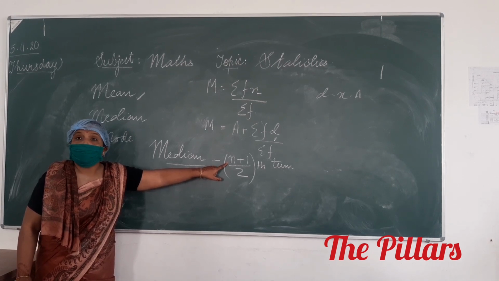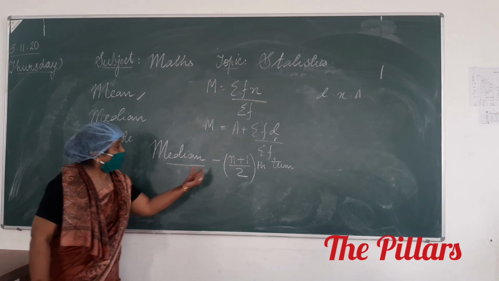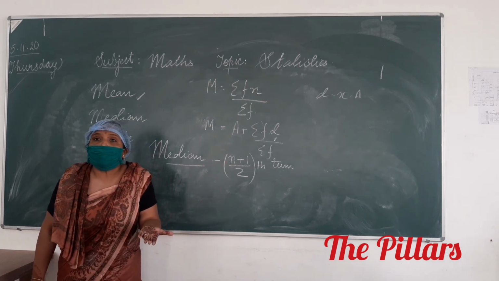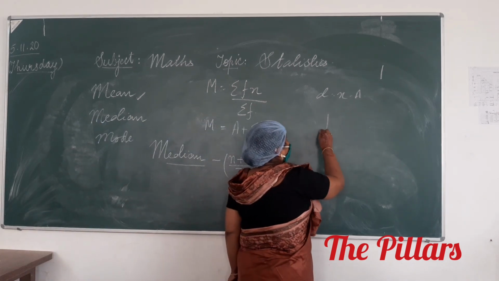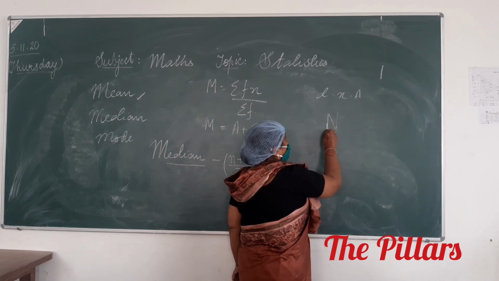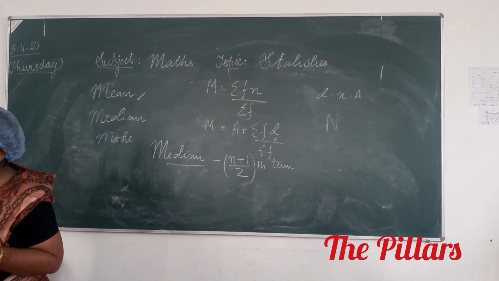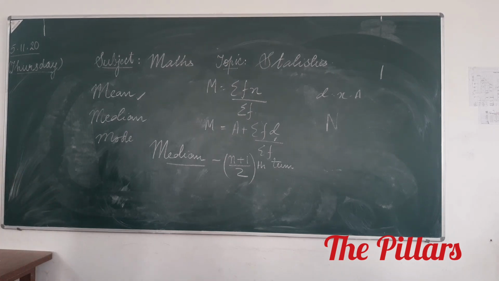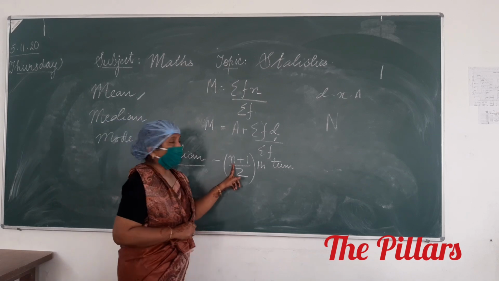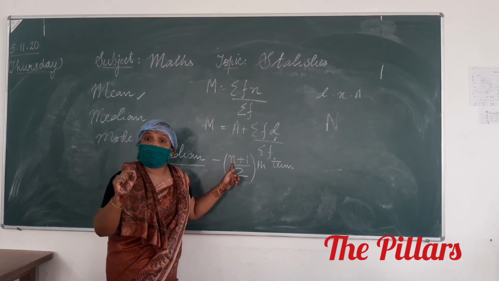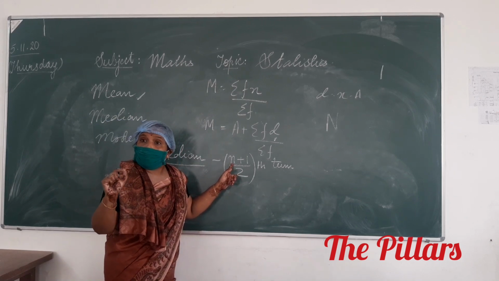Number of terms. If it were the sum of frequency, I would have written capital N. I am saying if the number of observations is odd, N stands for the number of observations.